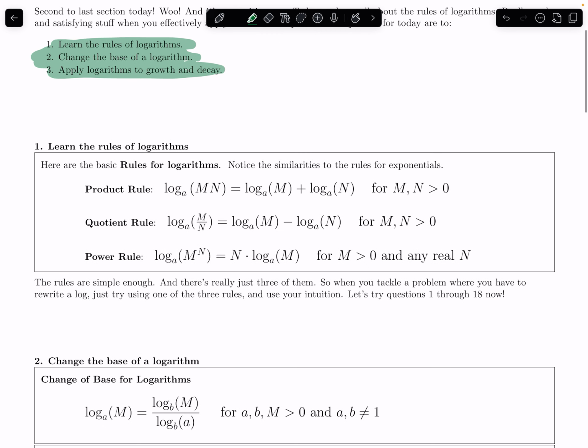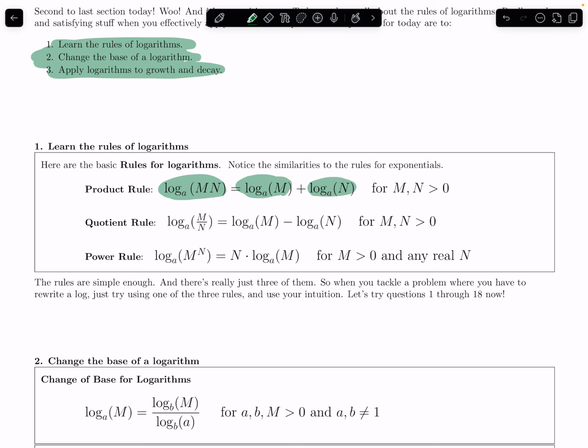Okay, let's do it. Number 1, rules of logarithm. I posted a video to our discussion, but also I think I mentioned this before. The thing about logs is they take multiplication, like log of m times n, and change it to addition, log of m plus log of n. Why is that? Because if you think about the definition, it comes from the exponents, right?